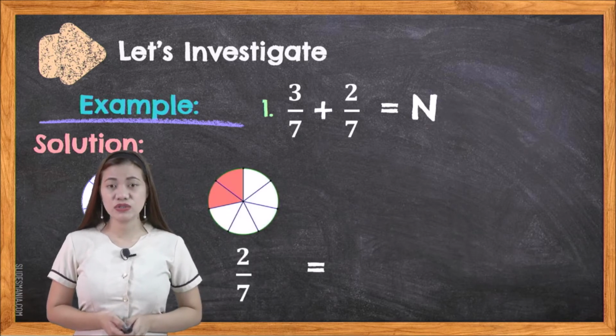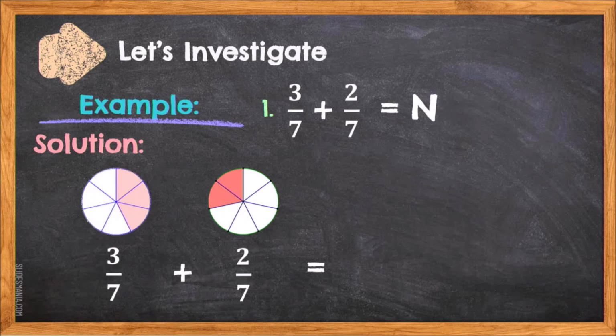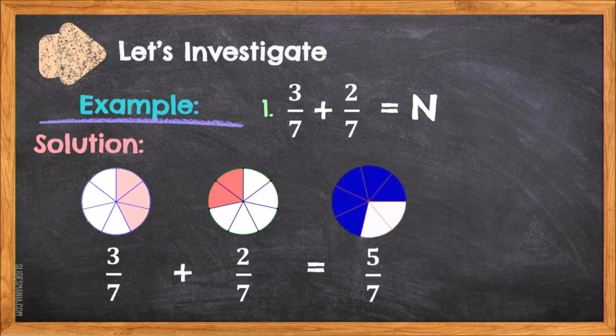We will add first the numerators. What are the two numerators that we have? 3 and 2. And then you will just copy the denominator, which is 7. So 3 plus 2 is equal to 5, and then copy the denominator, which is 7. Again, 3/7 plus 2/7 is equal to 5/7. Our final answer is 5/7.